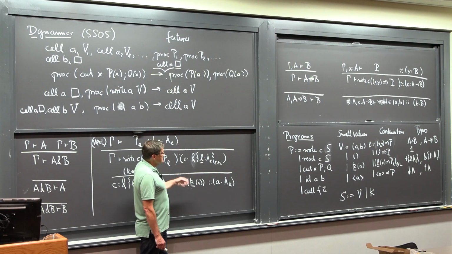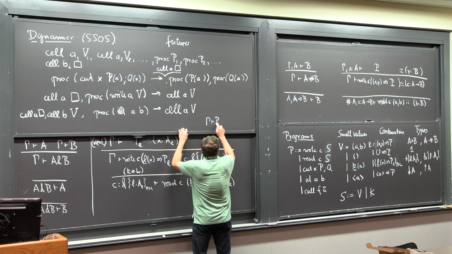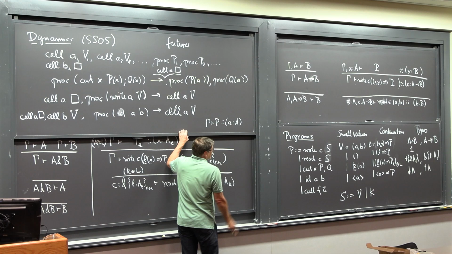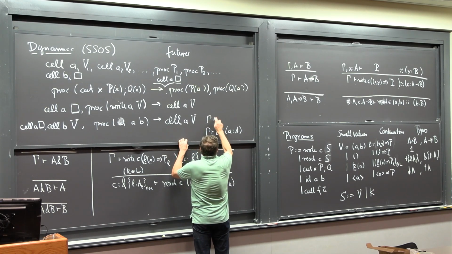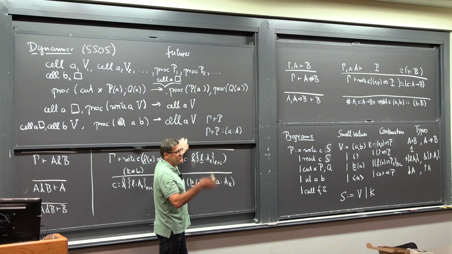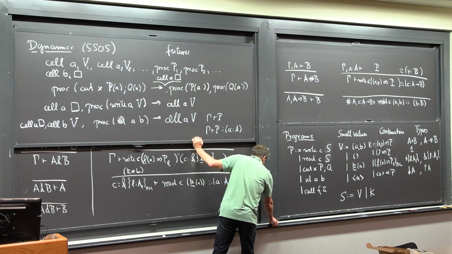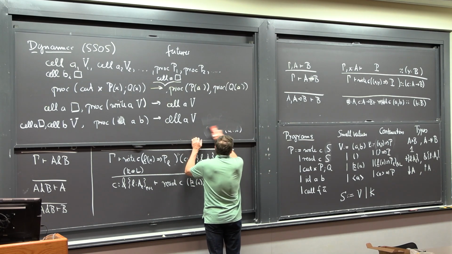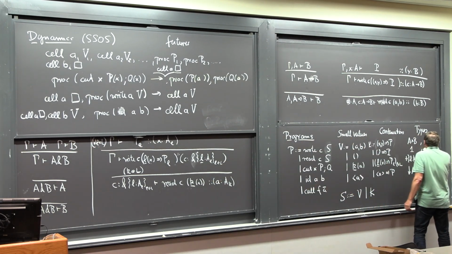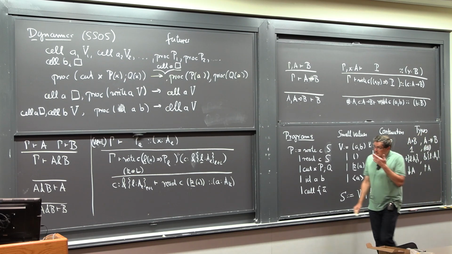So right now, it's very nice to say gamma turnstile, we have a judgment, in gamma turnstile process P will write to A colon A. But if you introduce bottom, then you also have gamma P, execute on its own behalf. So you need to generalize all your judgments, and I don't like to do that unless there's a really good reason for it. So we don't have bottom, but let me put parentheses here. It does exist, but we don't have it in the language.